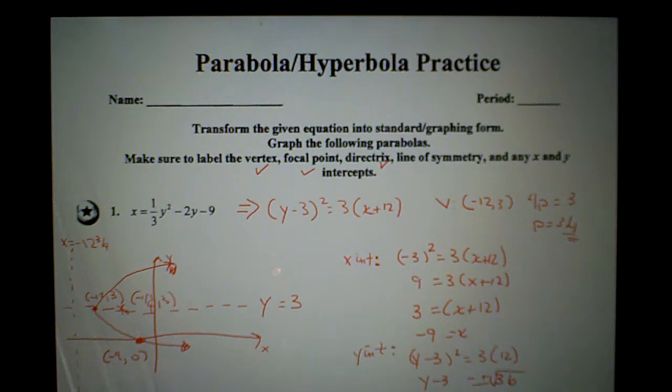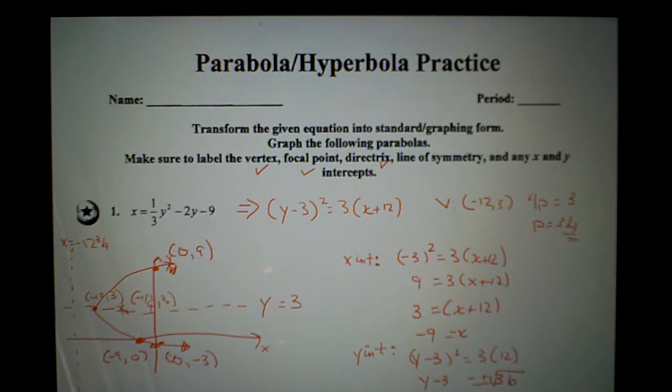Say plus or minus square root. So y is equal to 3 plus or minus 6, which is equal to negative 3 or 9. So when x is equal to 0, y is equal to 9, and when x is equal to 0, y is equal to negative 3.